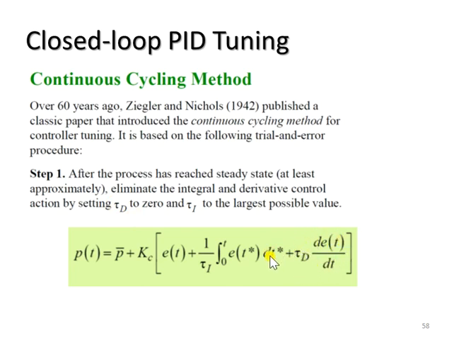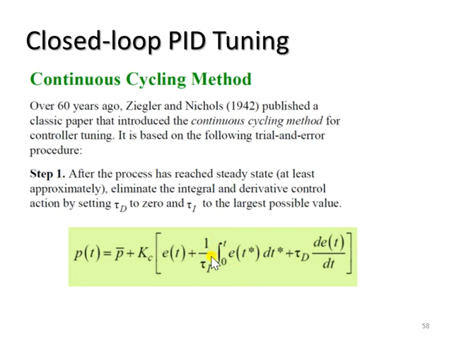Next, to eliminate the integral term, what we can do is not reduce tau I to 0, but we should increase the value of tau I instead. We should increase it to infinity so that we can make this term 0.